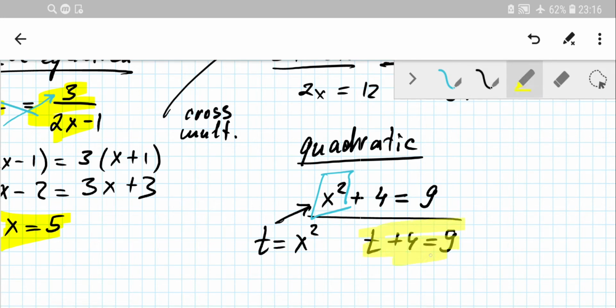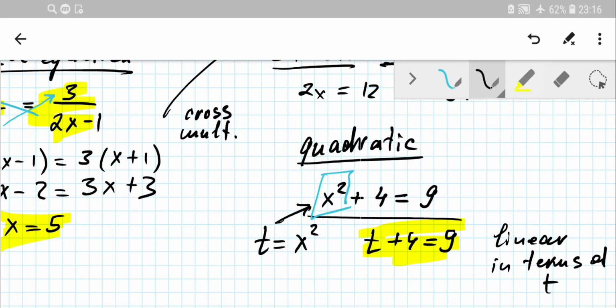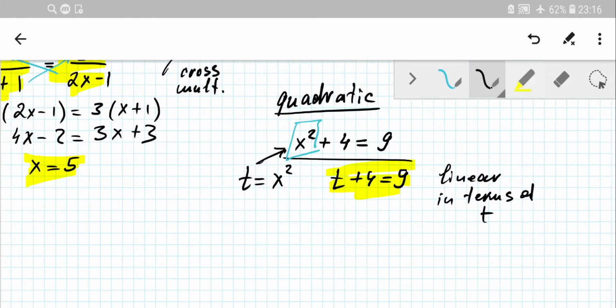So what you can see here, guys, it's just a simple straight line equation, so linear equation. That's linear in terms of t. So if you see the structure, there is no problem for you. So how to work? T value is just 9 minus 4, and you're left with 5.